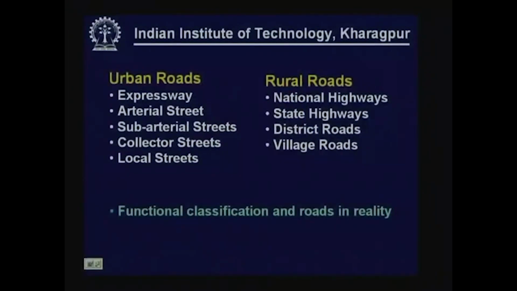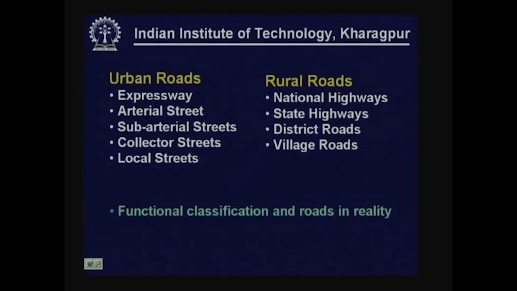Now, let us look at the functional classification for urban roads as well as rural roads. A natural classification is the urban system and the rural system, because they are predominantly different. So, a broad classification is urban roads and rural roads.